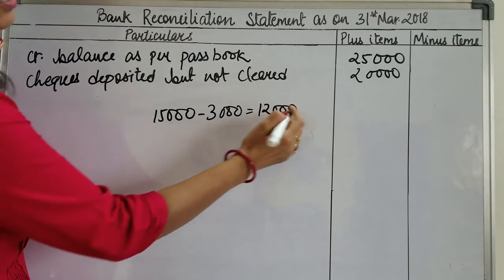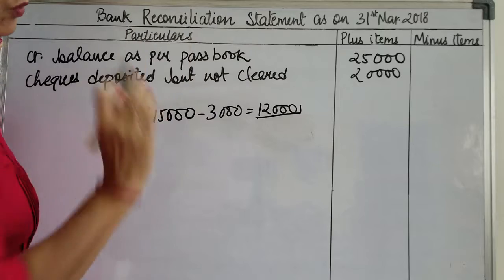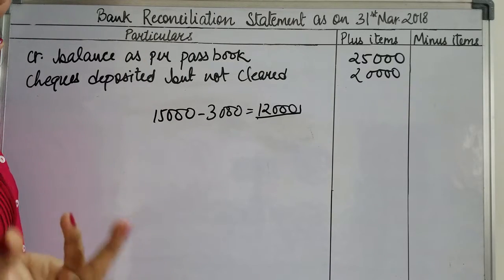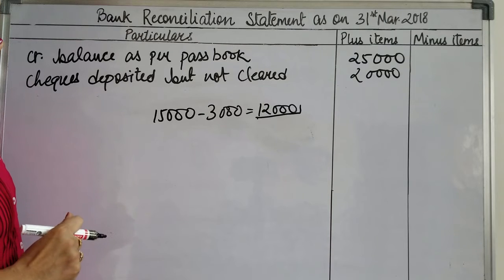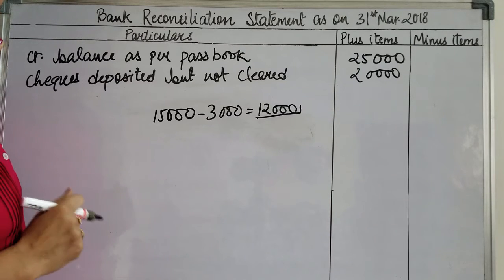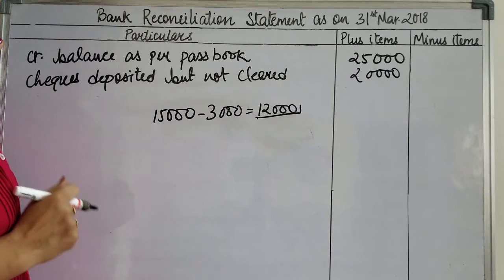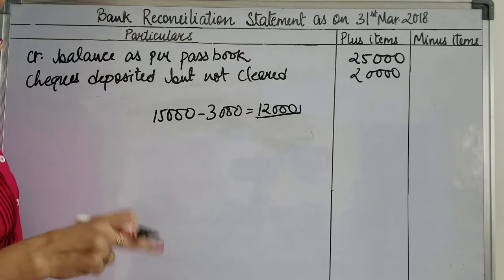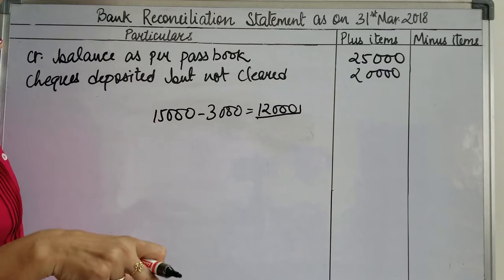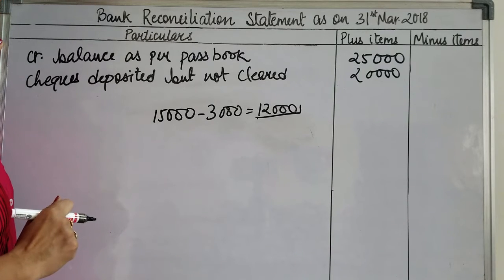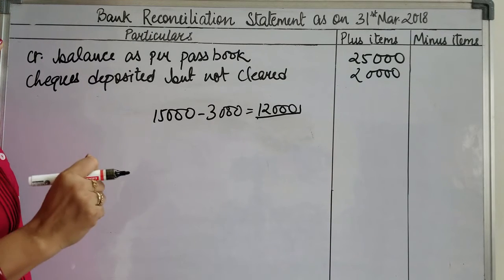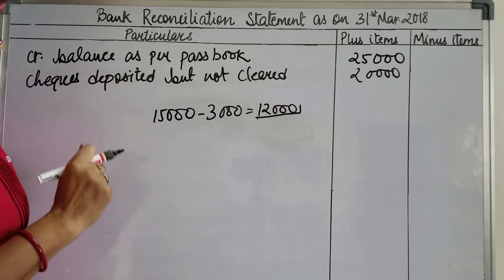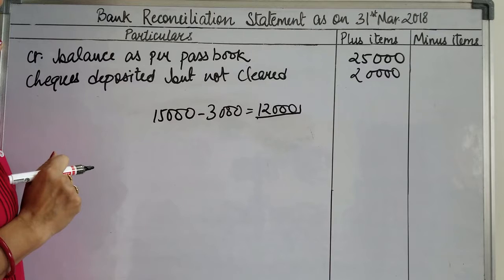So the balance amount of rupees 12,000 will be considered as checks not presented for payment. You must be thinking, what about that check of rupees 4,000? As that 4,000 was presented in April, after the date of preparation of the reconciliation statement, that amount of rupees 4,000 will also be included in checks not presented till that date.